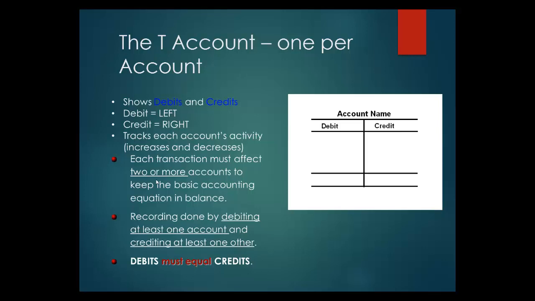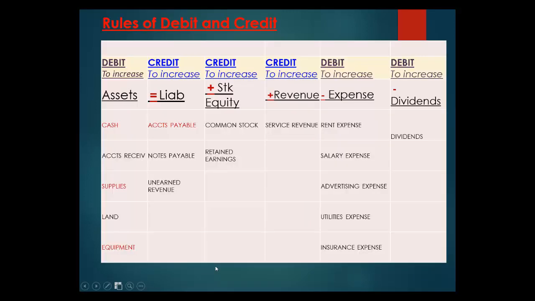Just like we did on the worksheet, each transaction must affect two or more accounts, and it's all about keeping the basic accounting equation in balance. And then we will create a journal entry. We will record the journal entry by debiting at least one account and by crediting at least one other. And of course, we're all about balance here. Debits must equal credits, not on the T accounts, but on the journal entry.